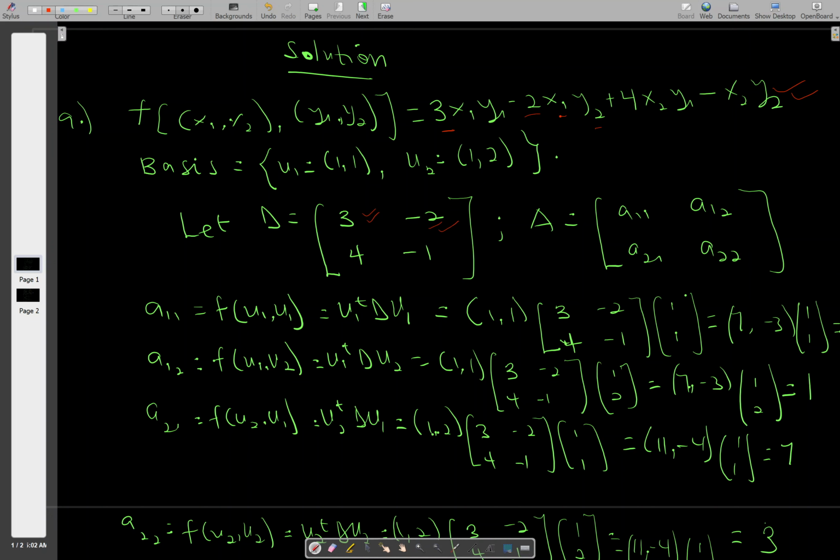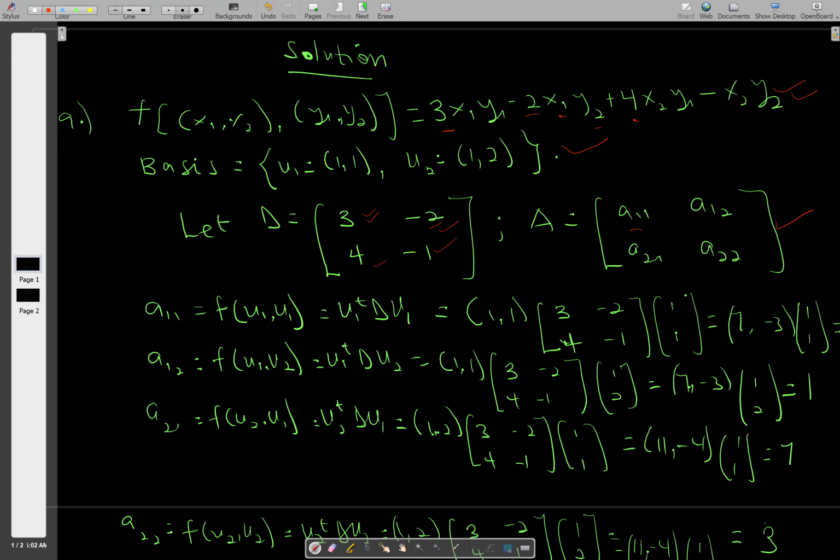Second row, first column, that's 4, and second row, second column. We are to use basis u1 and u2 to generate our matrix A. Since this is a 2 by 2 matrix, our A is also going to be a 2 by 2 matrix. So we solve for each of the elements in A: A11, A12, A21, and A22.